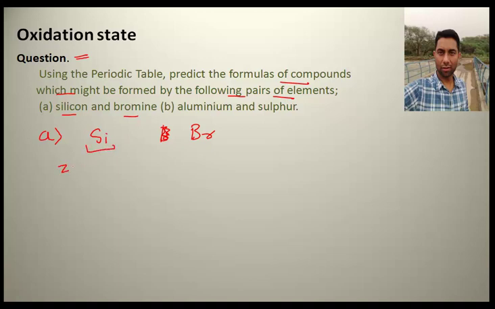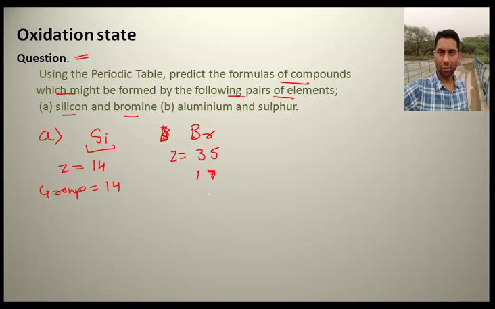Silicon has atomic number, how much? 14. Whereas bromine has atomic number, yes, 35. Silicon belongs to which group? Yes, group 14. And bromine belongs to group 17, right?